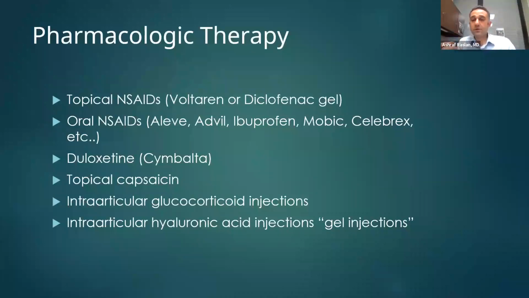It is a thick material, very similar to the viscous material that we have naturally in the joint space, and is lost when you have osteoarthritis. The idea of this injection is to give this temporary thick material in between the bones to give some cushion to the joint.